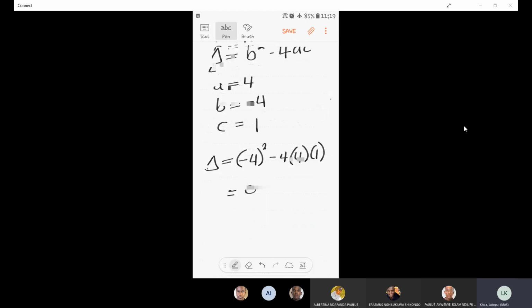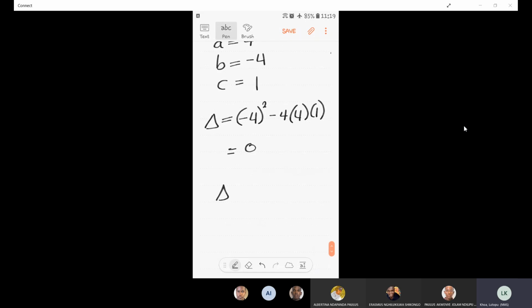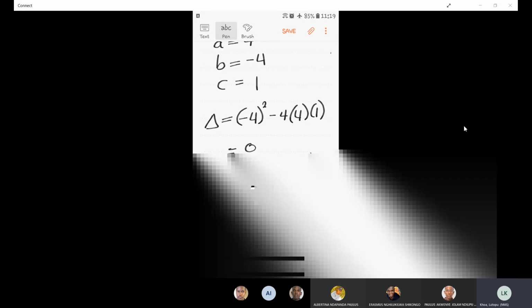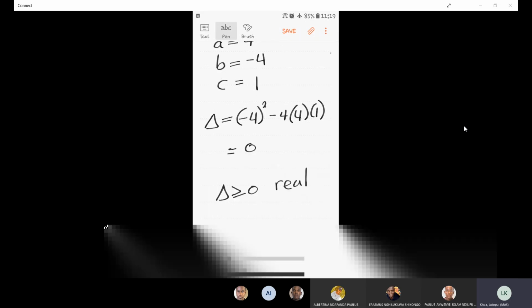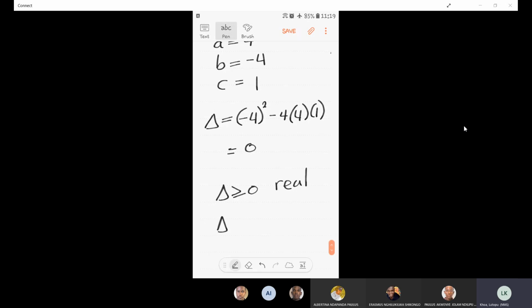The first one was if the discriminant is greater than or equal to 0, then I have real roots. And then we said if the discriminant is equal to 0, then my roots are equal. Okay, so here I can classify my roots as real and equal.